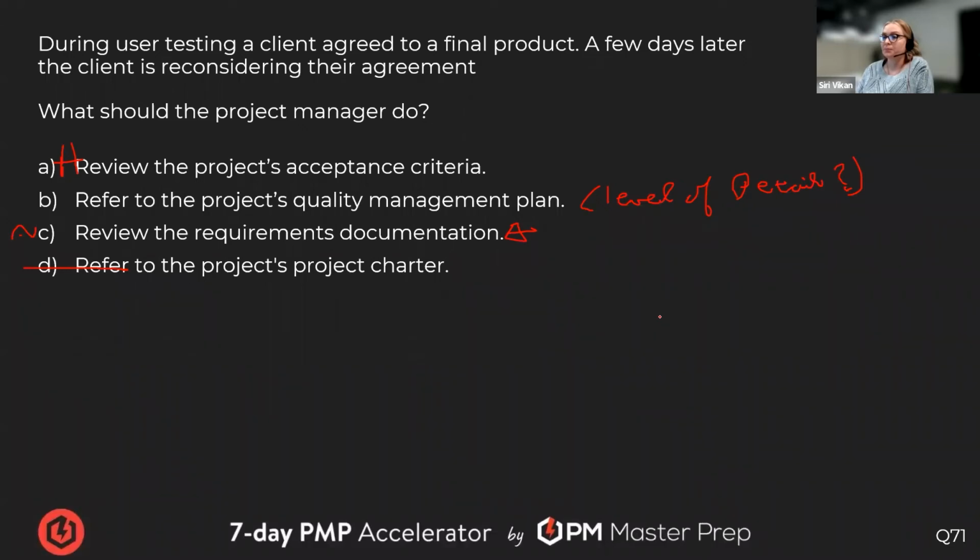And I agree that the project charter is also too high level for the specifics that we're looking for when somebody agrees and then decides to go back. I also agree that it's waterfall. That's my 2 cents.